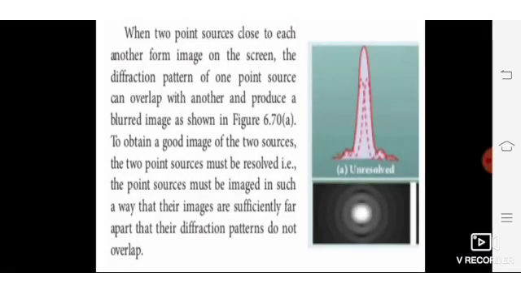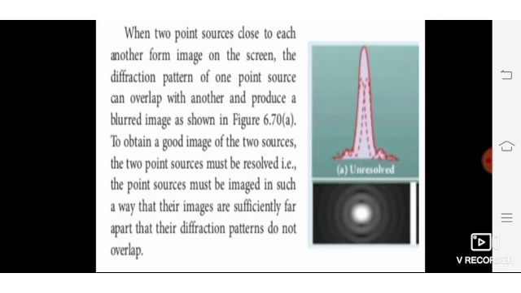During interference, when two point sources close to each other form images on the screen, the diffraction pattern of one point source overlaps with the other and produces a blurred image, as shown in the figure. Here the two diffraction patterns overlap with each other, producing one blurred image.